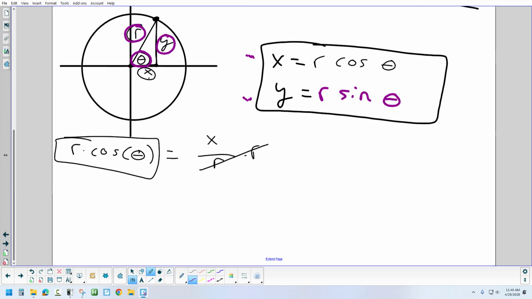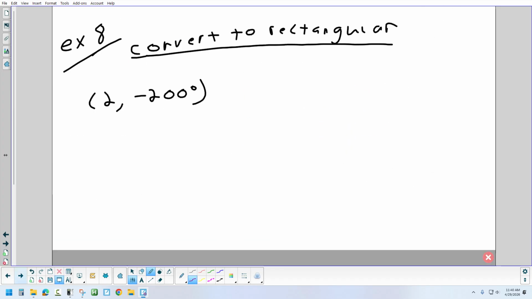Okay, let's try an example. Convert to rectangular: 2, negative 200. Whenever you deal with an angle that's a multiple of 30 or 45, we know those are on the unit circle. There are two special numbers that could come up.